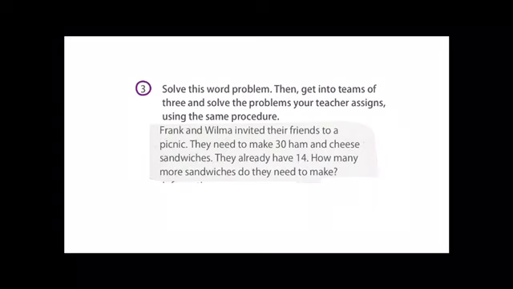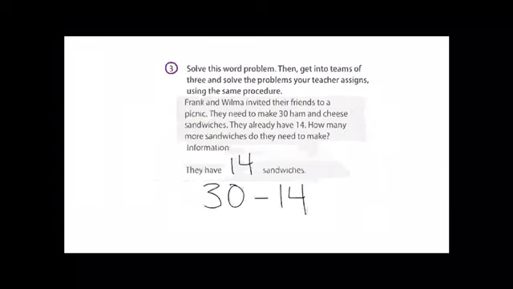Let's see. Okay, they have 14 sandwiches. They already have 14, but they need to make 30. So the problem is 30 minus 14.